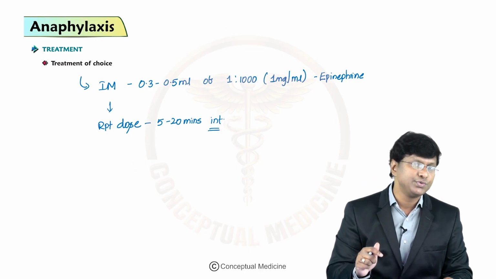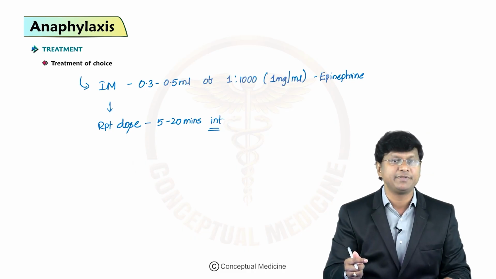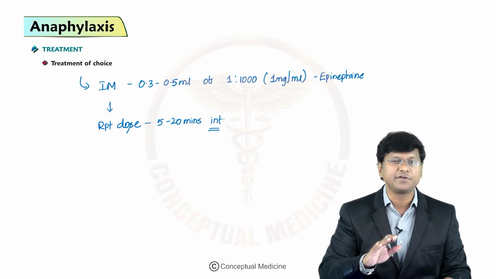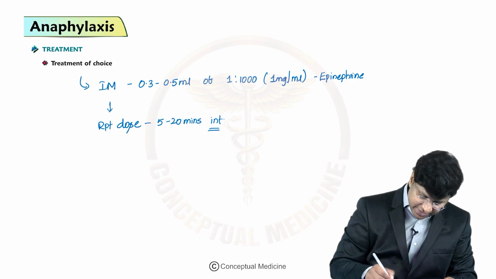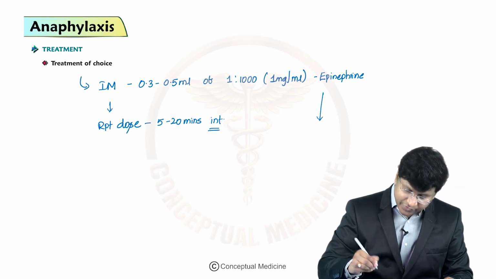The failure to use epinephrine within the first 20 minutes of symptoms is a risk factor for poor clinical outcome. So, you have to give this epinephrine within 20 minutes.